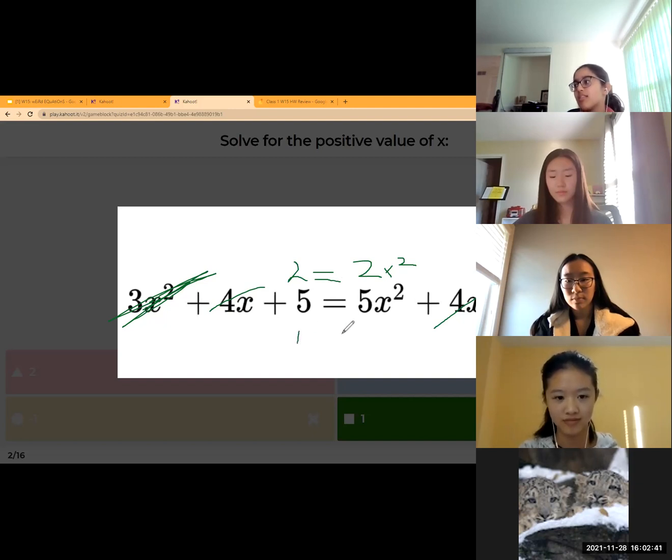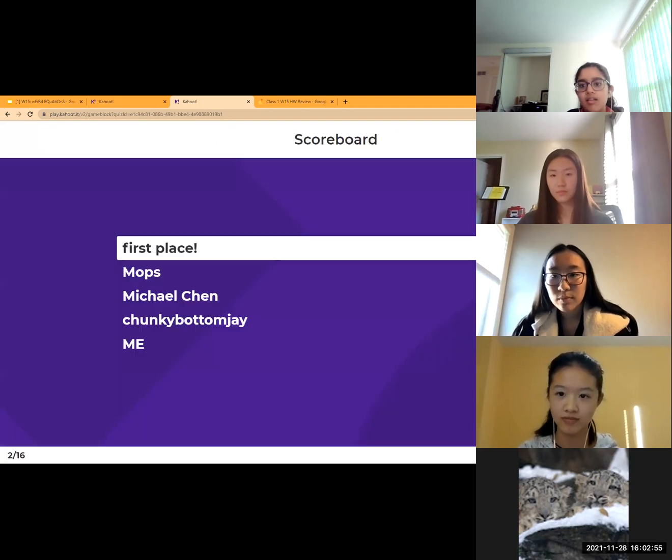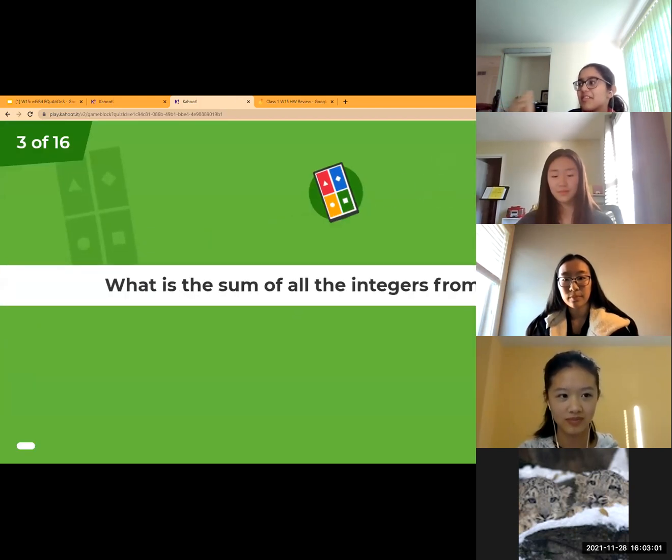So that means 1 is equal to x squared. And remember, we find the square root of both sides. So that gives us plus or minus 1. However, we have to find the positive value. So that means our answer is positive 1.